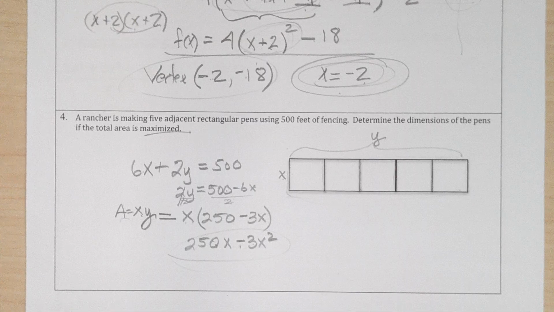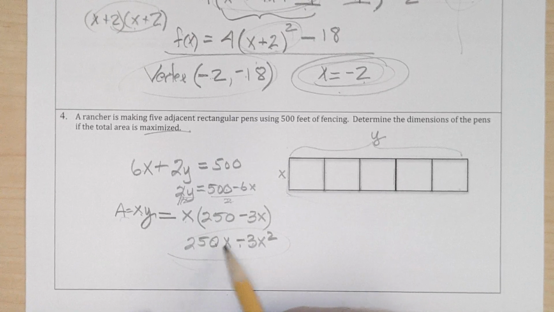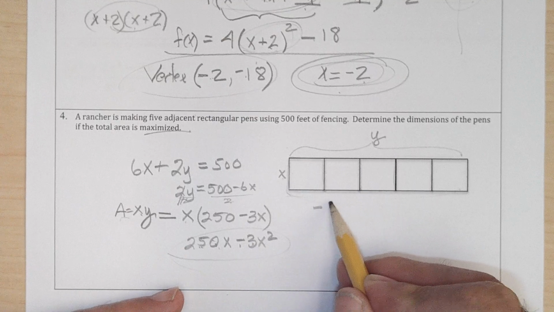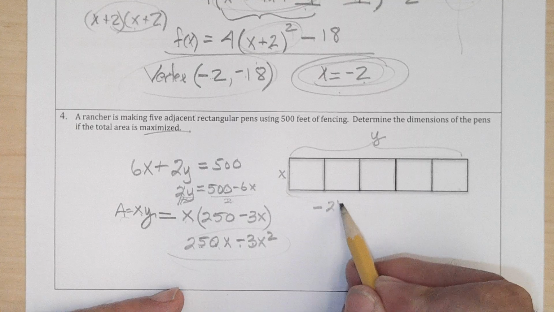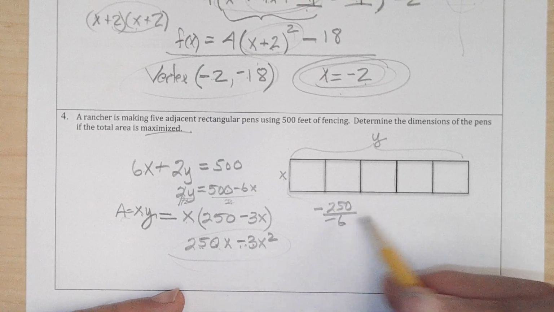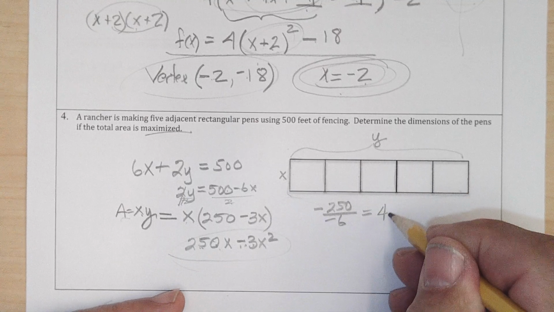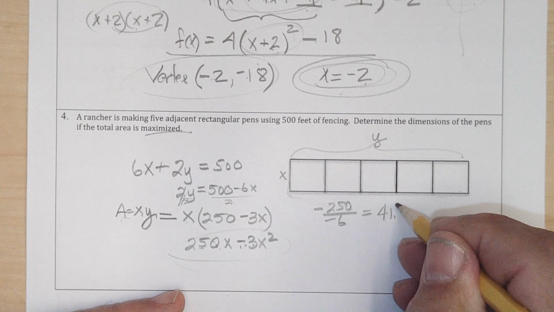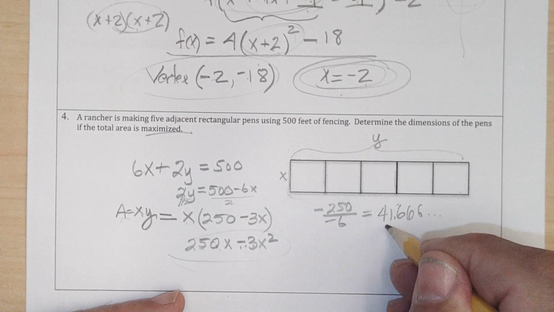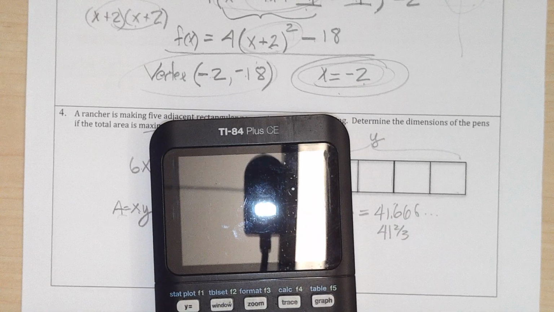It's a parabola that's upside down, and I want to find the maximum because they want me to maximize the area. Well, there's my b, and there's my a. It's going to happen at minus b over 2 times a, which is 41.666666, or 41 2/3, I believe.